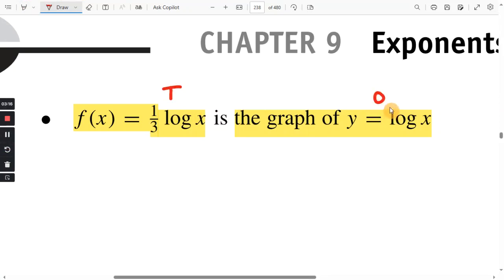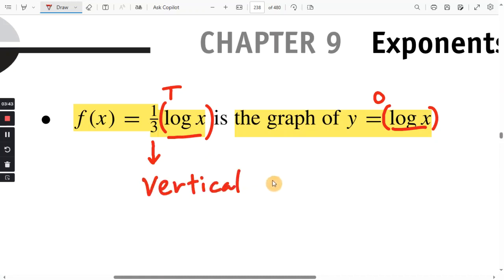So if you took the original log of x and you multiplied it by 1/3, what does that do? Well, if this is y equals log of x and you multiply all of the y's by 1/3, that is a vertical compression.